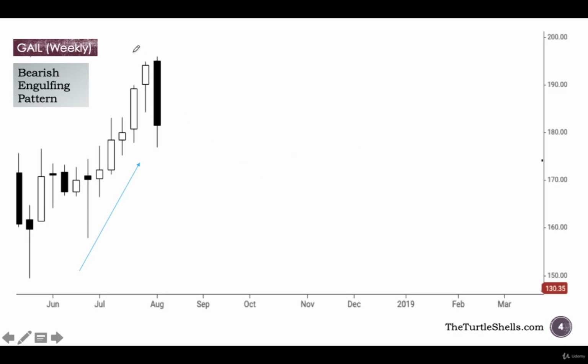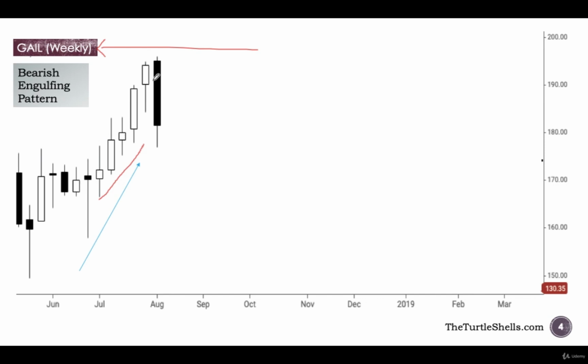Now, let's have a look at an example. So this is Gale. This is a weekly time frame. I always like to look at the higher time frames, because the higher the time frame, the more is the probability that the trade will work out in our favor. Now you see the market ascending here. 1, 2, 3, 4, 5. 5 weeks the market has been going up.